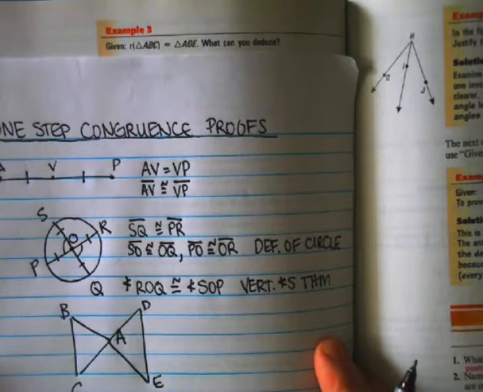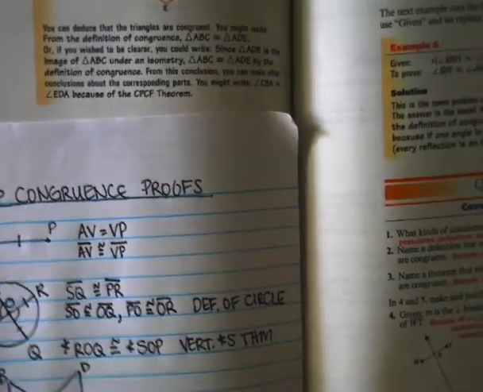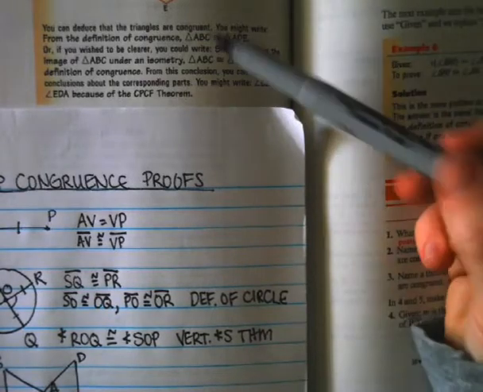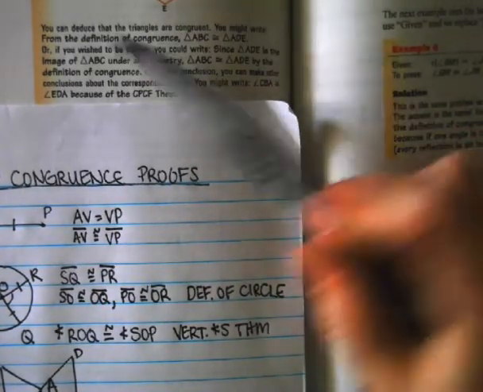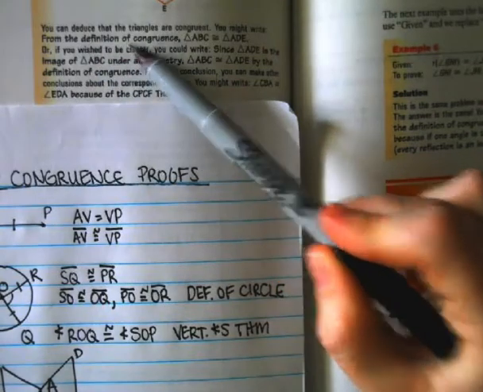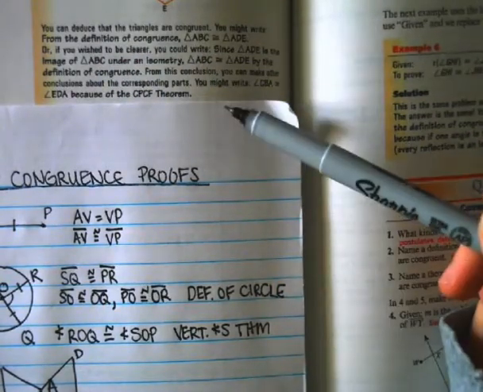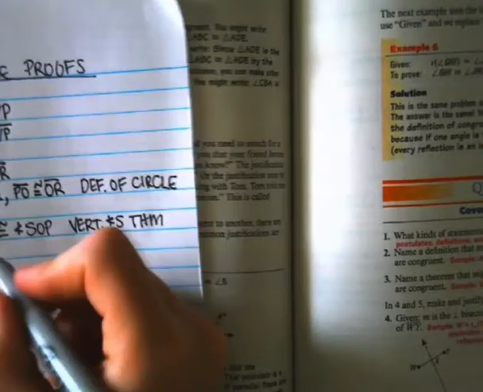So there's so many things. Let's see what the book has to say about everything that could be a possibility. You can deduce that the triangles are congruent, so we already said that. And we might want to write, okay, the definition of congruence gives us the fact that ABC is congruent to ADE.